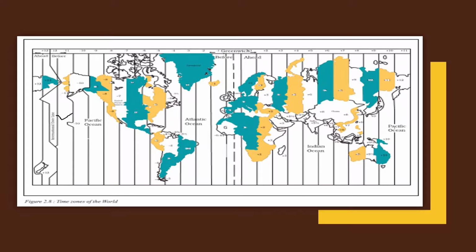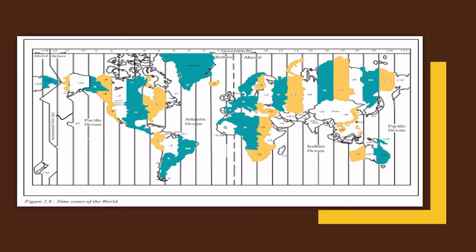Only the international date line is drawn zigzag, because most of the region passed by the international date line is water, is ocean. So to cover the areas, it has been zigzagged, because if we draw it straight, half a region of Russia will go into the east region or the west region, or the American area will go into the west region or east region.